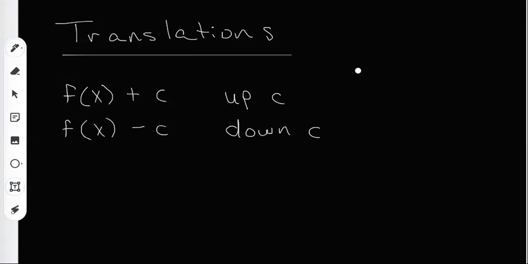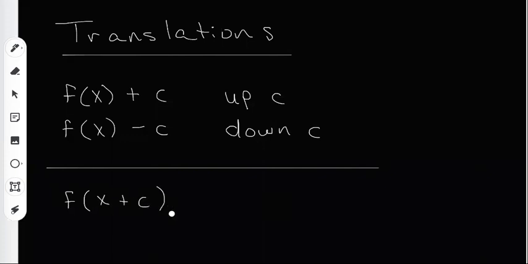And then we need to talk about left and right and how that works. So let's talk about left and right. Now this time, we're not going to be adding a number to f of x. We're actually going to be adding a number inside the parentheses. So you might see f of x plus c, and you might see f of x minus c.